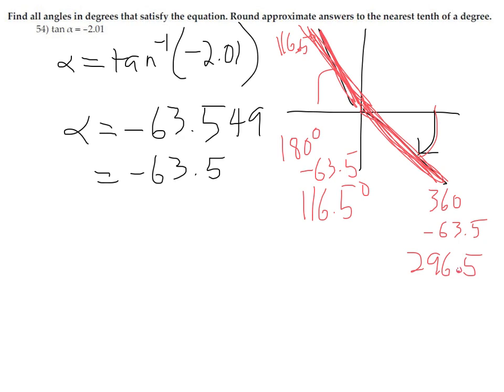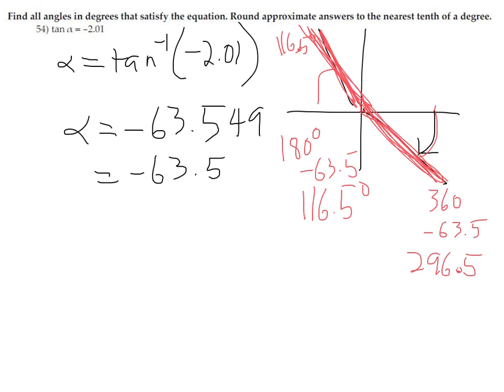So the two positive answers. Our calculator gave us a negative answer, so we had to compute the positive answers. It didn't just give us any of the answers we needed. But again, our calculators are going to give you reference angles. That's up to you to get them into the appropriate spots. So we have these two values.